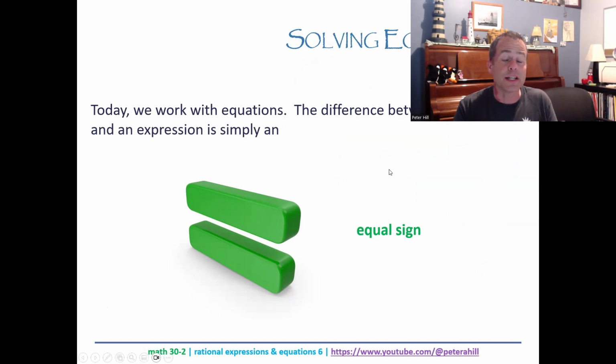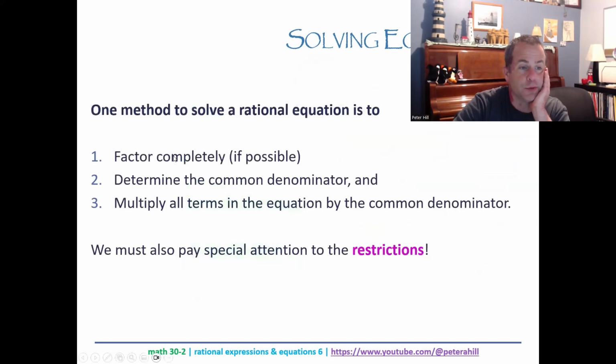That equal sign is very powerful. It means the left side is the exact same as the right side. So that allows us to do some algebraic manipulation in order to solve for things. If I add 5 to one side, I'll still be equal as long as I add 5 to the other side as well. And when we go to solve these things, we can use some of those tools to help us get to a solution.